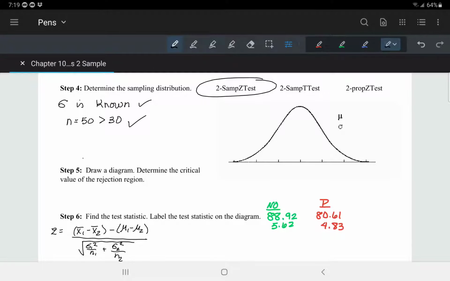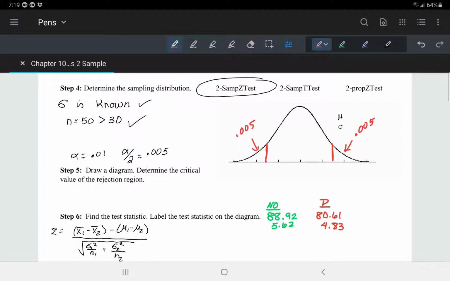So we're going to need to determine the critical value for the rejection region. Now remember, alpha is given as 0.01, so because we're looking for a two-tailed test, alpha over 2 is going to be equal to 0.005. So 0.005 should be in this region, and 0.005 should be on the left.